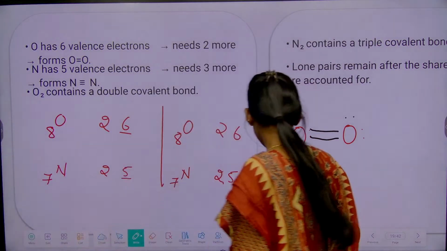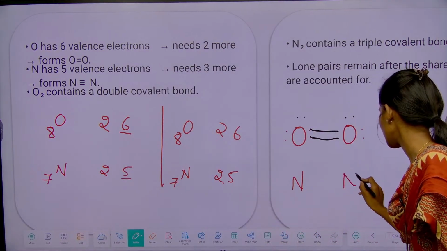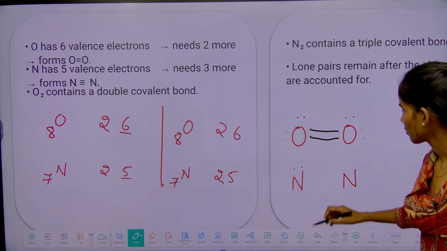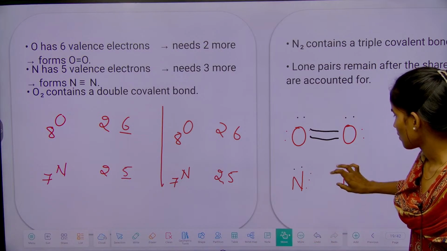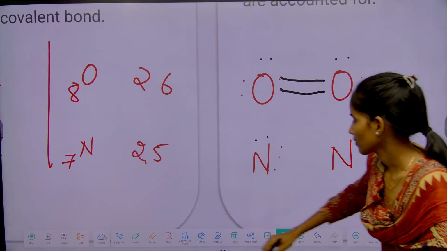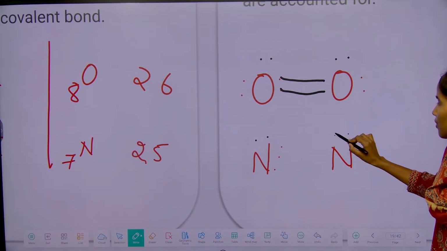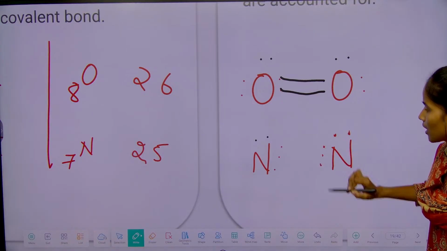So if you write the Lewis dot structure, nitrogen and another nitrogen atom, 5 valence electrons each, right? 1, 2, 3, 4, 5. Are you able to see? And another nitrogen atom also has 1, 2, third electron, fourth electron and fifth electron.